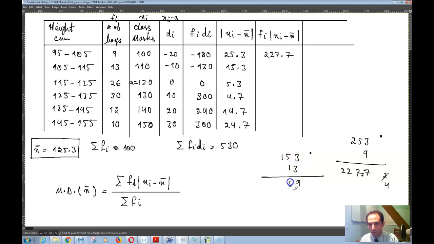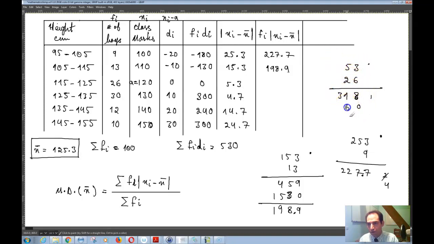You get 198.9. Then we get 26 times 5.3. 53 times 26 with one decimal point, we get 137.8.